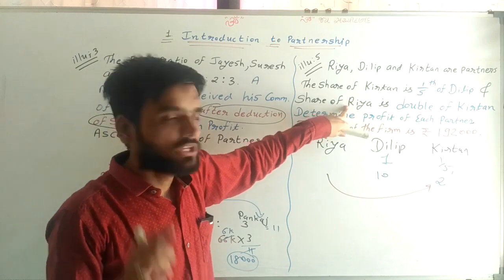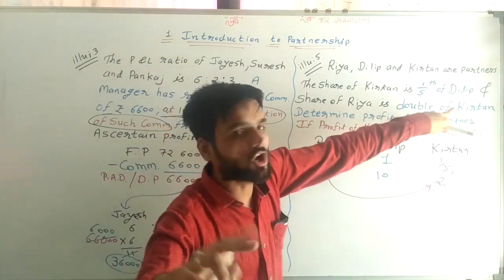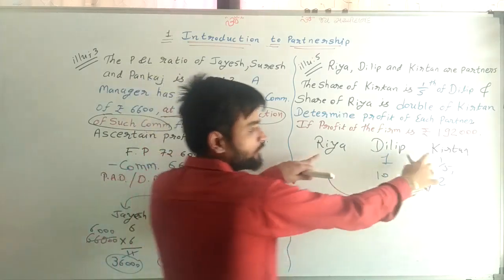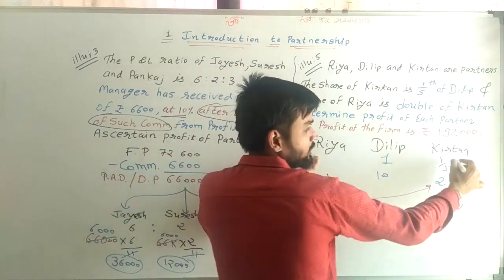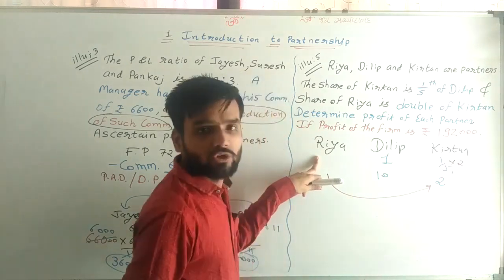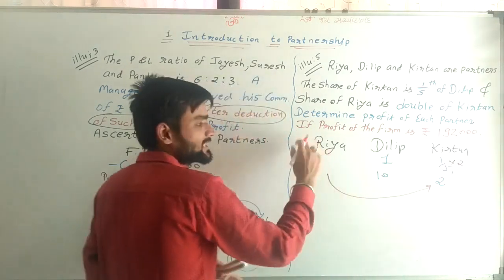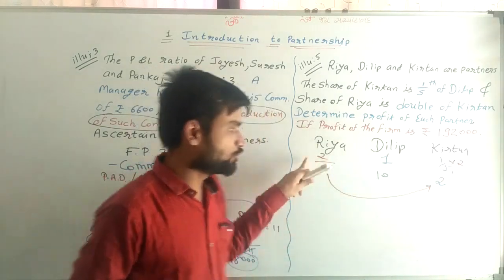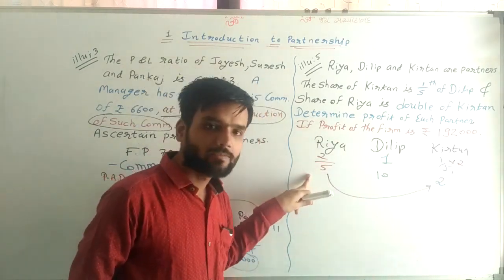So Riya's profit is double of Kirtan. Kirtan's profit is 1/5 and multiply it by 2, then Riya's profit is 2/5. 2 ones are 2, 5 as it is.